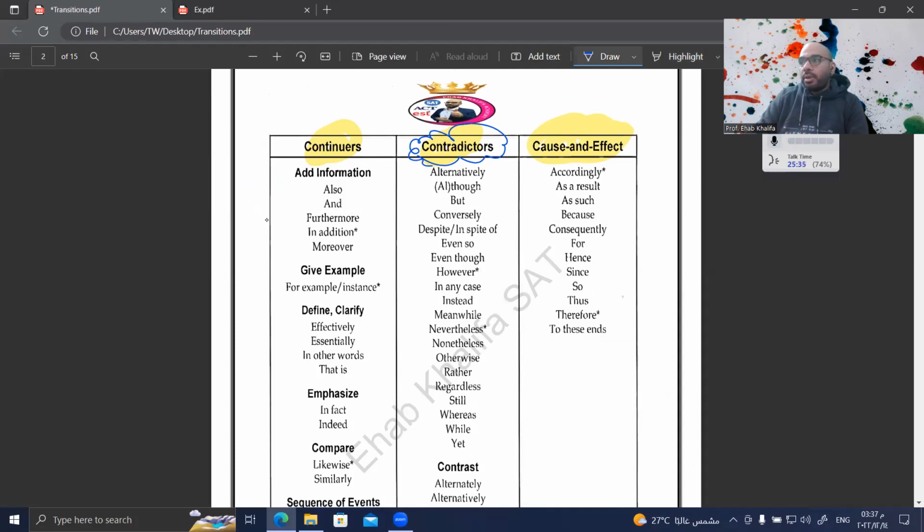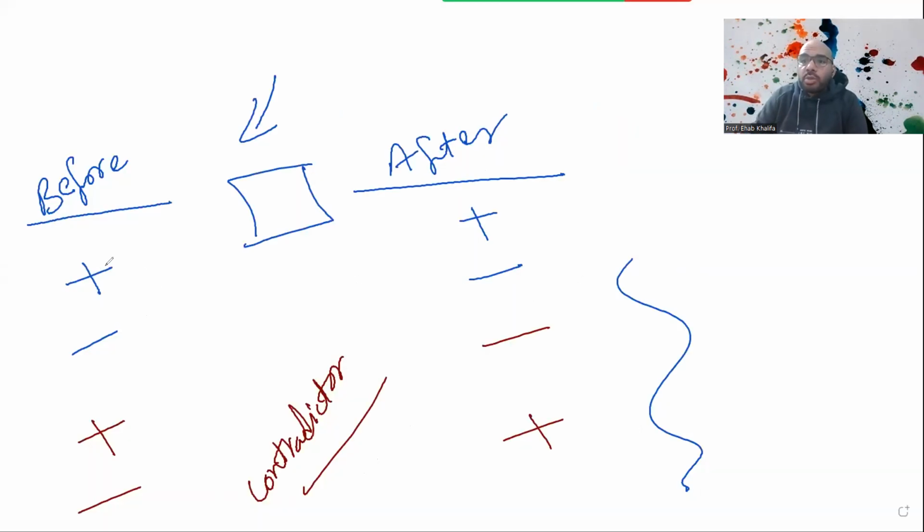Then Mr. Ihab, when do we choose a continual or cause and effect? Pay attention because this is a bit difficult. I choose continual if what comes before is positive and what comes after is positive, or what comes before is negative, what comes after is negative. In this case, I can choose a continual or cause and effect.